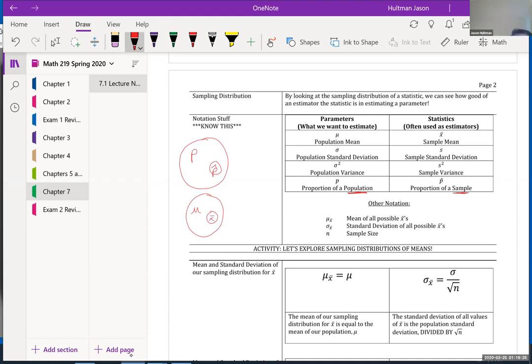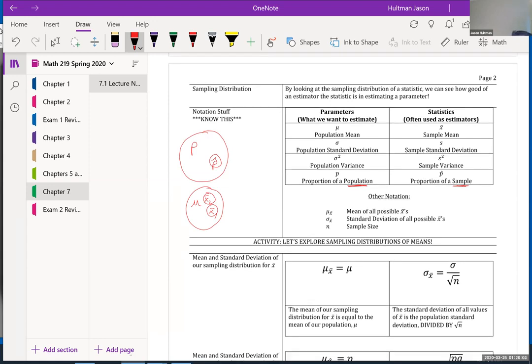If we get enough X bars, say this is X bar 1, and then we get X bar 2, and then we get a bunch of those averages, we'll cover basically most of the entire population if we take enough samples. And so we can say something about the distribution of the original population.